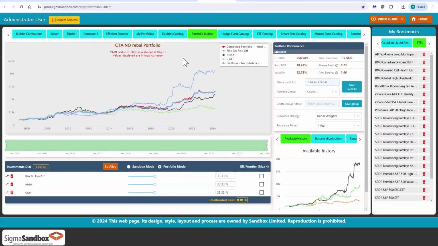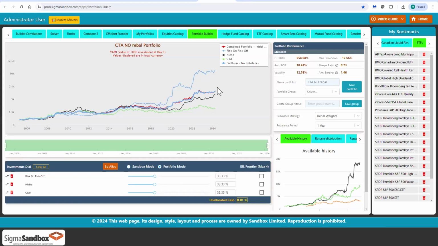CTAs, it's important to understand. I'll make some general comments that I'm sure people will disagree with. CTAs generally suffer during periods of compressed volatility across financial markets and commodity markets. They struggle. They can go through a period of like 2 or 3 years of which it's sort of like death by 1,000 cuts. And they can experience drawdowns.